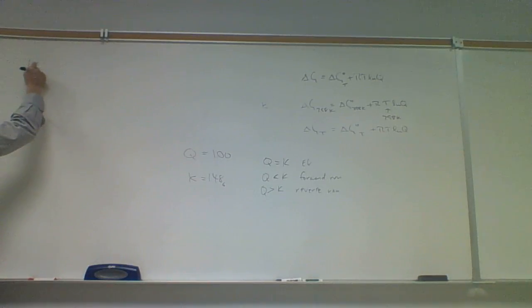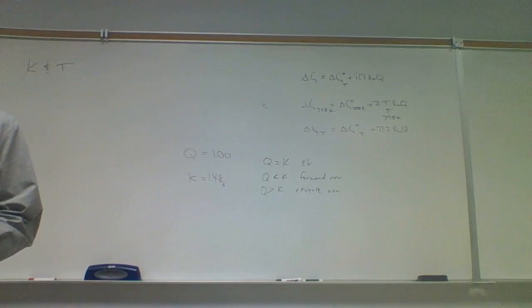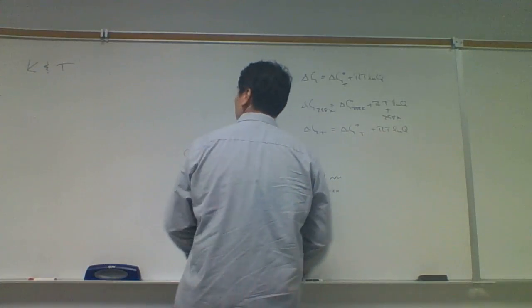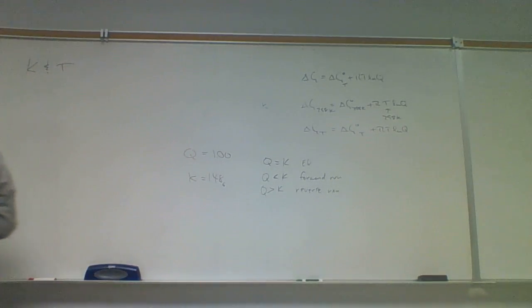And so let's take a look at K and temperature just quickly here. And I started this last time. So for example, if we're looking at K and temperature, we can do this under standard conditions or non-standard conditions. Let's just do this under standard conditions first.